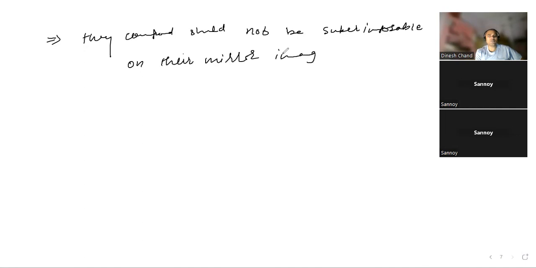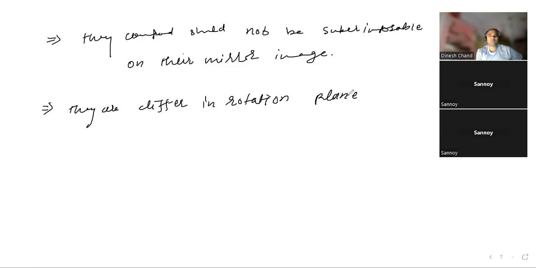They cannot be superimposed. Second, they differ in rotation of plane polarized light.